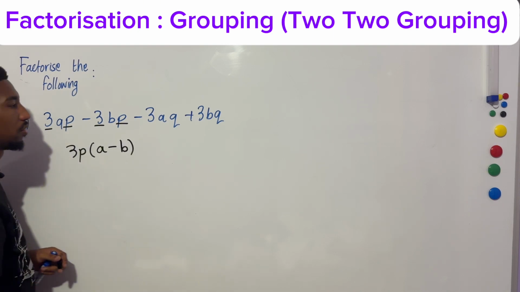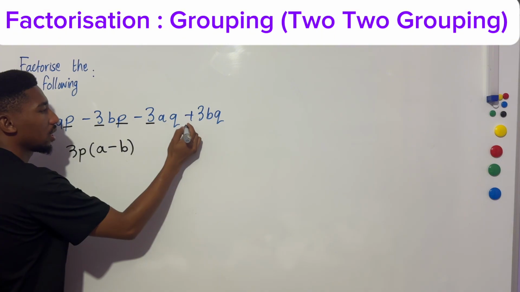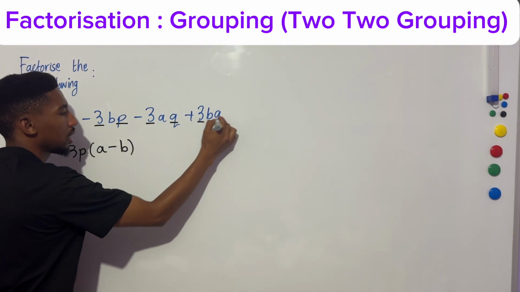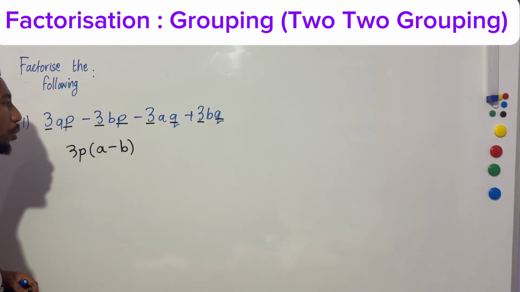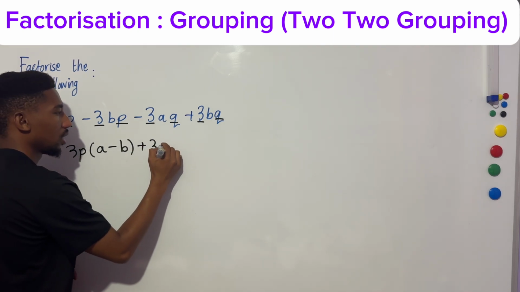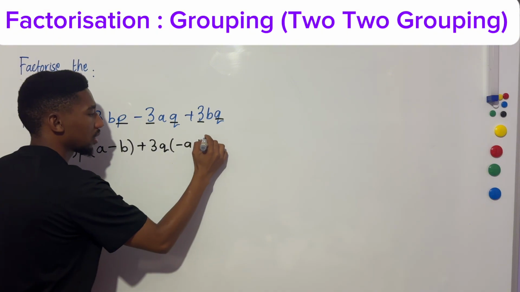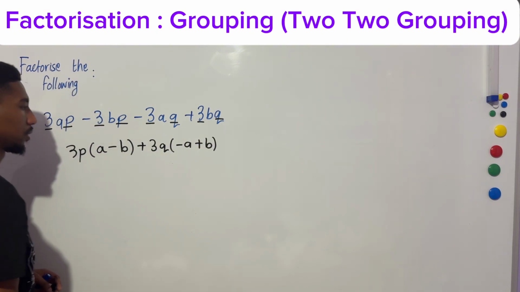Then over here I can take out a common factor of 3 and q. If I take out 3q, I'm left with minus a plus b in brackets.